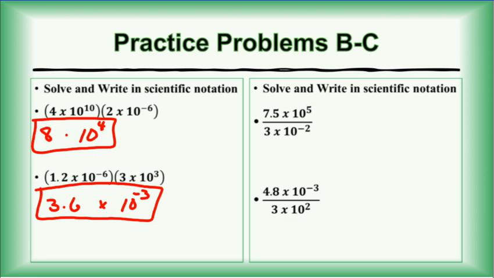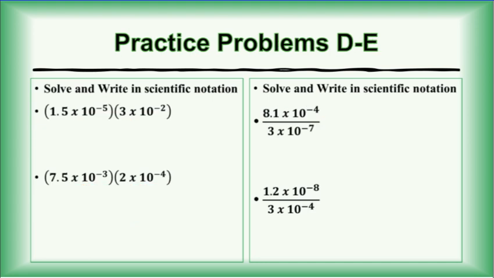Next one is 7.5 divided by 3 is 2.5 times 10. Subtract the exponents, so 5 minus a negative 2 is positive 7. And the last one here, 4.8 divided by 3 gives us 1.6 times 10. Negative 3 minus 2 is a negative 5.